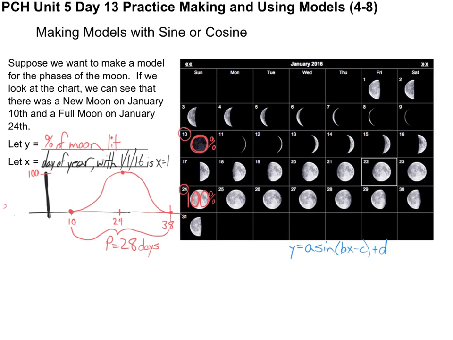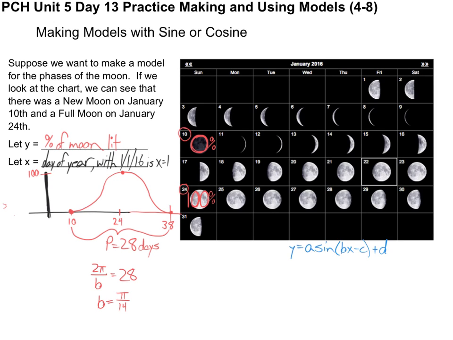We can figure out b, but it's not 28. It's 2 pi over b is equal to 28, because 2 pi over b is the period. So if we solve for b, we get b equal to pi over 14.